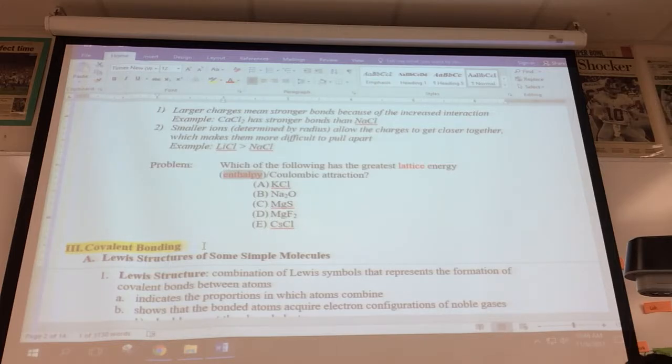Only go to radius if you have the same charge. So if you had potassium chloride and cesium chloride, which would have the greater lattice energy? The one with the smaller radius, and that would be potassium chloride. Be careful there. Tricky, tricky.